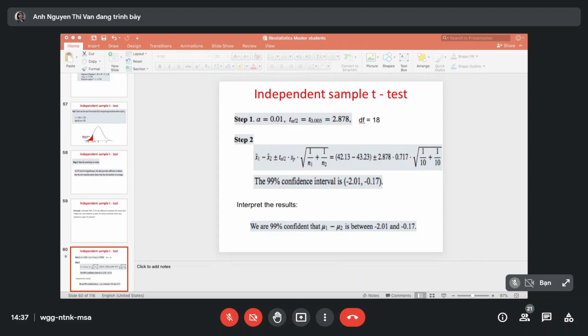And the confidence interval is the second method that you can apply to test the hypothesis. Okay, so you got it. You understand how to calculate the confidence interval, how to interpret it, and apply it to test the hypothesis and make a conclusion.